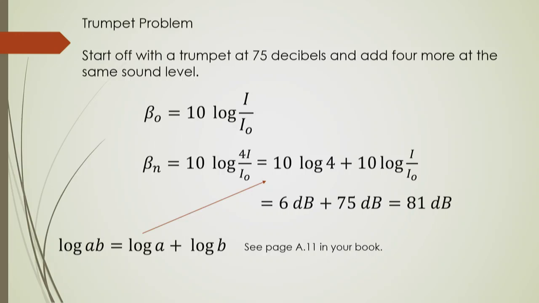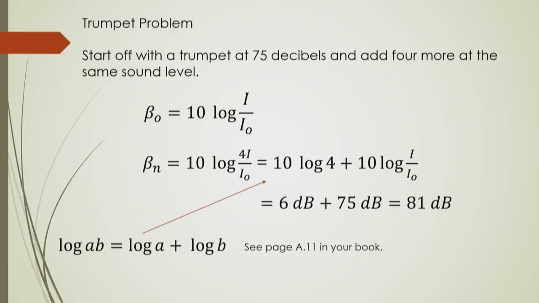So this is how it works. If I start out with a trumpet that's at 75 decibels and I want to add 4 more trumpets, it's not 4 times 75. It doesn't work that way because we're working with logarithms. If I have 4 trumpets, I'm going to multiply the intensity times 4, because that's the physical quantity that I'm dealing with.